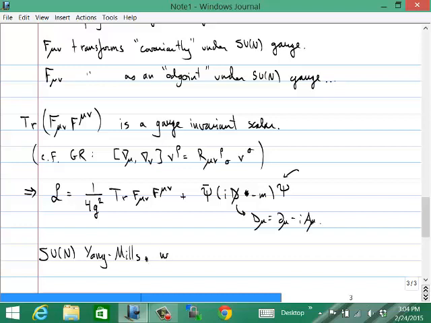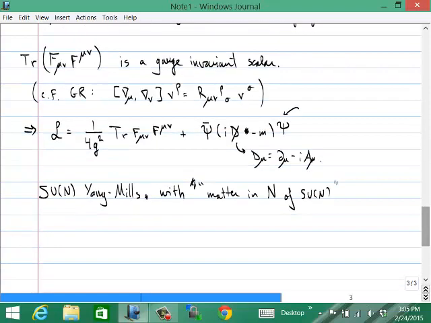And so this SU(N) Yang-Mills theory that I've written down here is SU(N) Yang-Mills theory with matter transforming in what is known as the fundamental, or N, of SU(N). So that last phrase that I put in quotes is something that we'll explain by the end of class today, or early next class. Okay. Any questions before I continue?